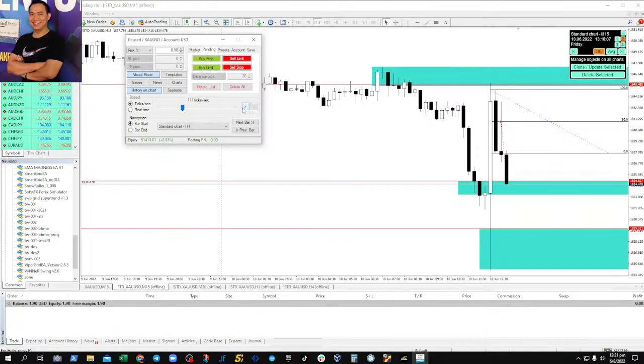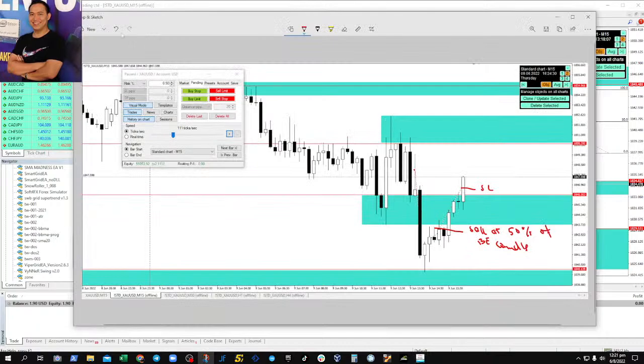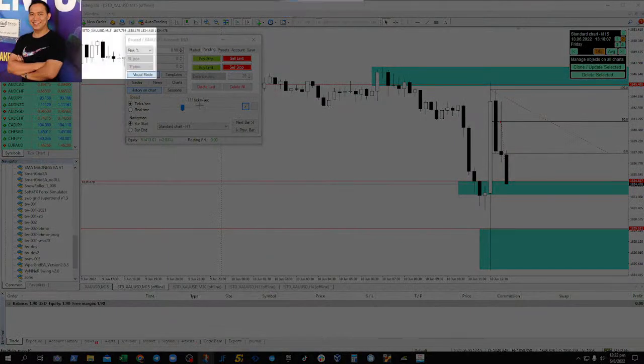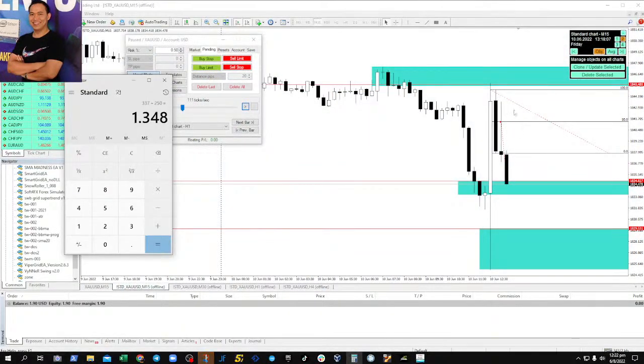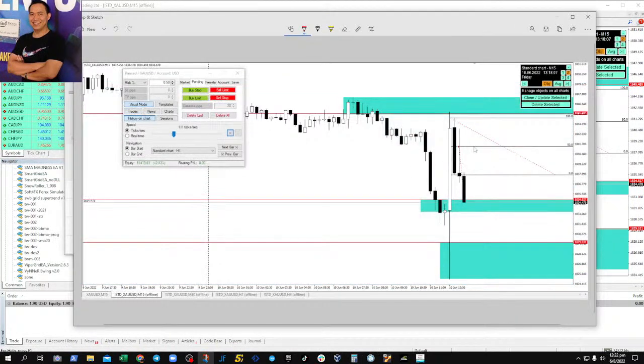Basically trading in overall big time frame direction, I would say. And so we do the same thing. Put the trade at the 50% of this rejection candle.